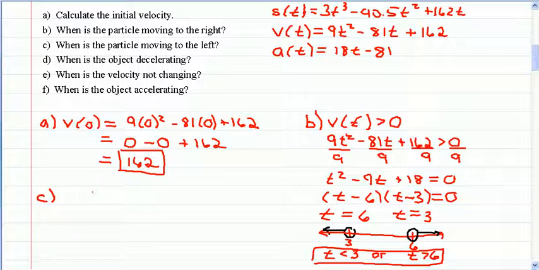For part C, when is the particle moving to the left? That is when the velocity is less than 0.